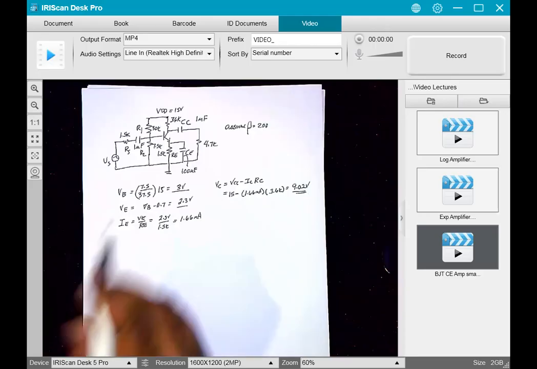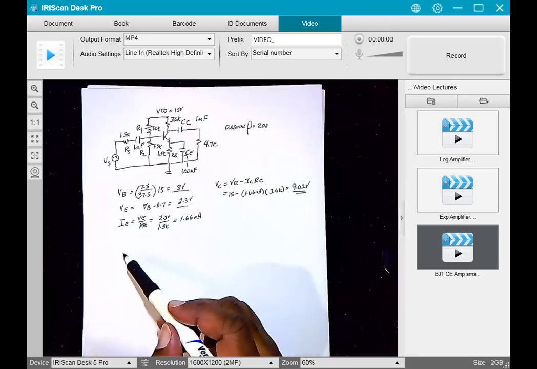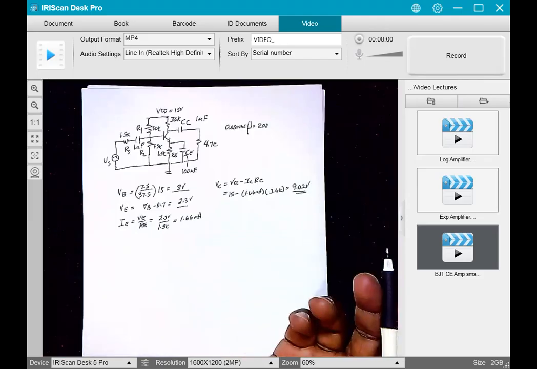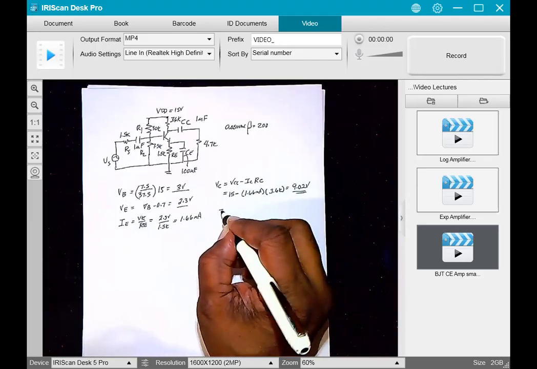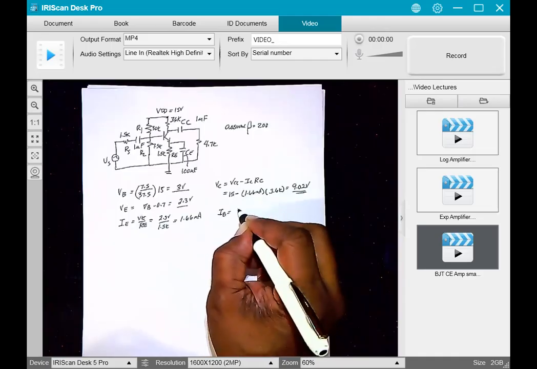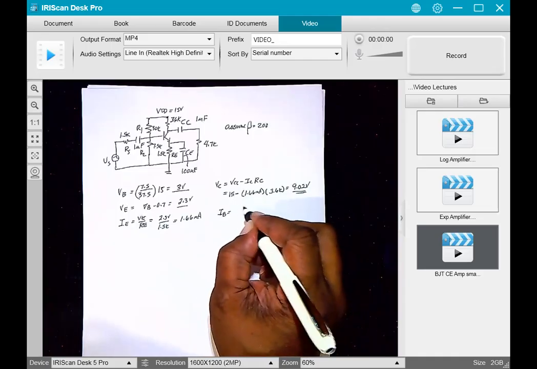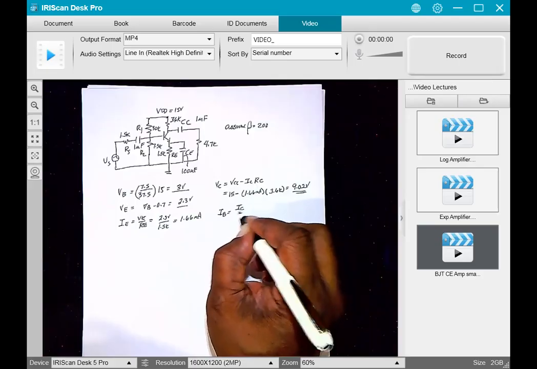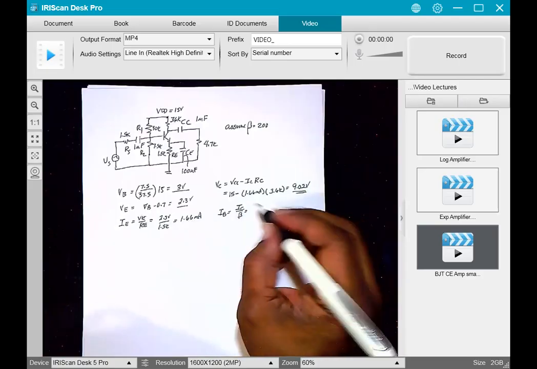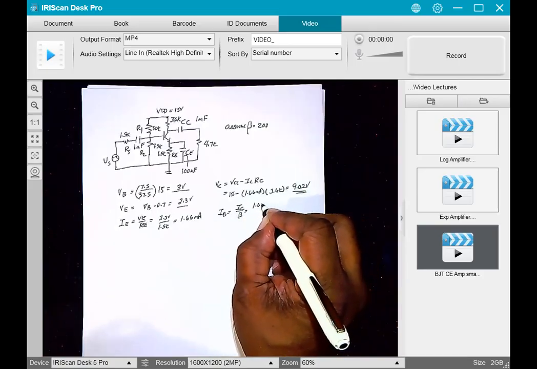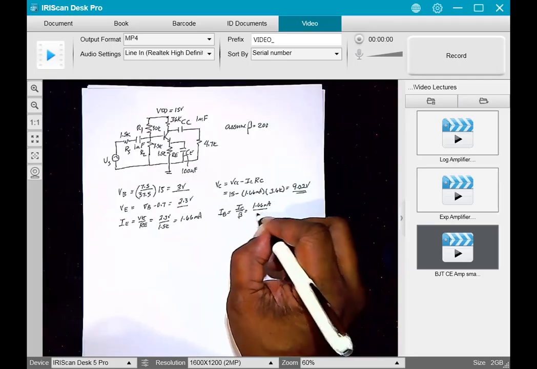So that gives us our VB, our VE, our VC, our IE and IC. If we want to calculate our base current, we can. Base current is just our collector current divided by beta, which is 1.66 milliamps divided by 200.